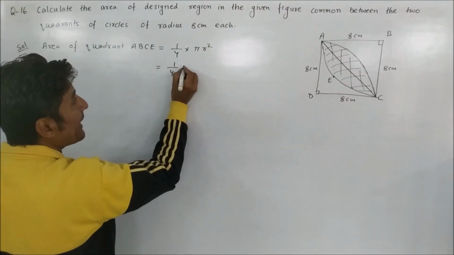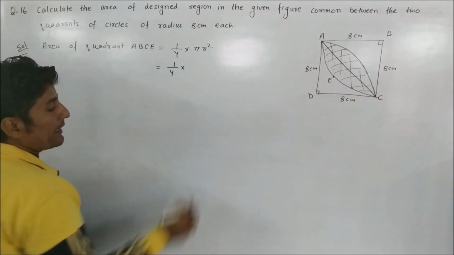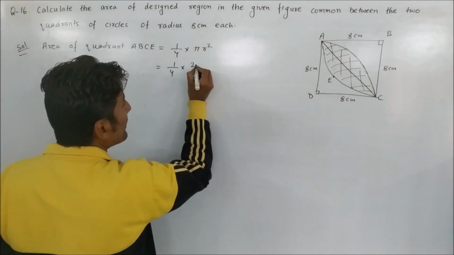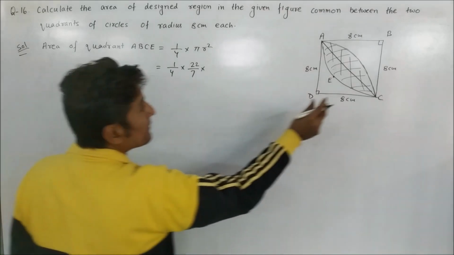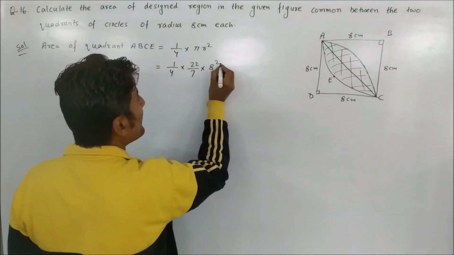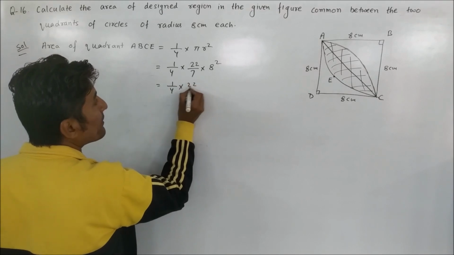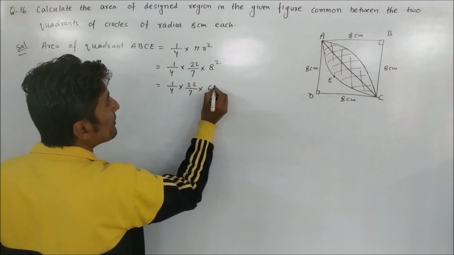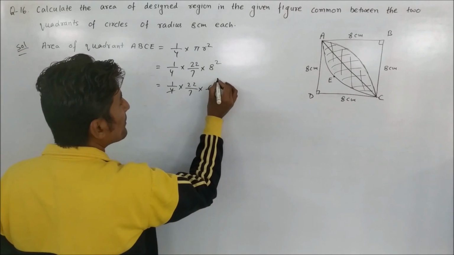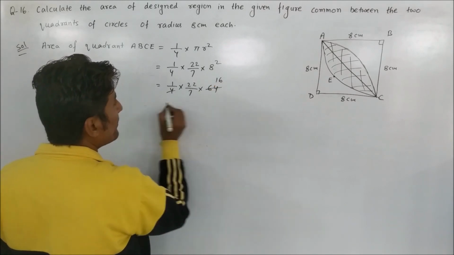1 upon 4 will be as it is, on the place of pi we can write 22 upon 7. Here radius of quadrant is given 8. So we can write here 8 square. 1 upon 4 into 22 upon 7 into 64. So here we can write 16.